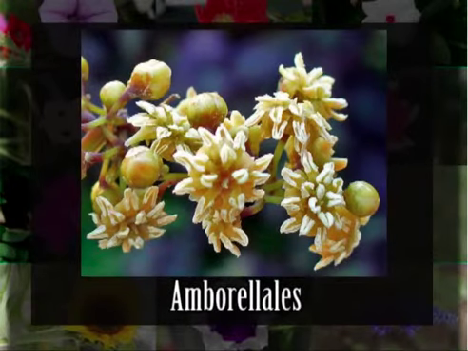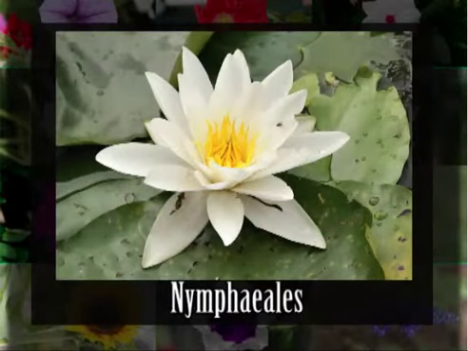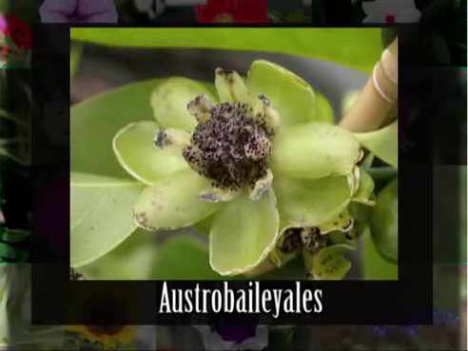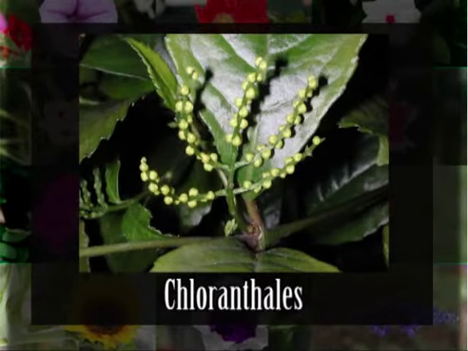Besides these informal clades, and the orders distributed within those informal clades, 4 orders, namely Amborales, Nymphaeales, Austrobaileyales and Chloranthales, have not been placed in some informal clade. That's why they are placed at the start of the classification without any informal clade name.